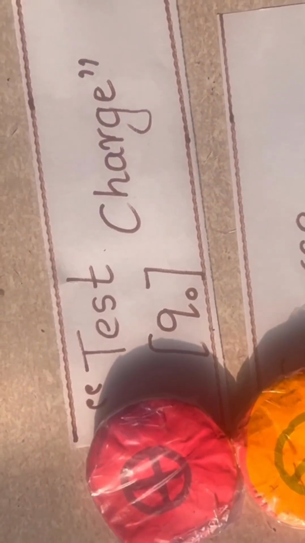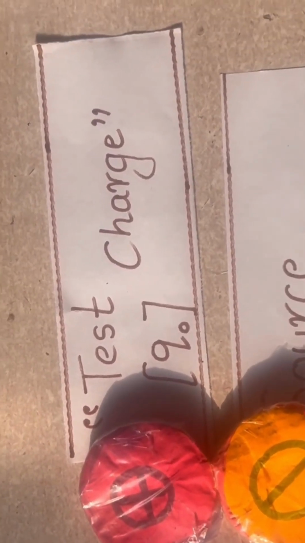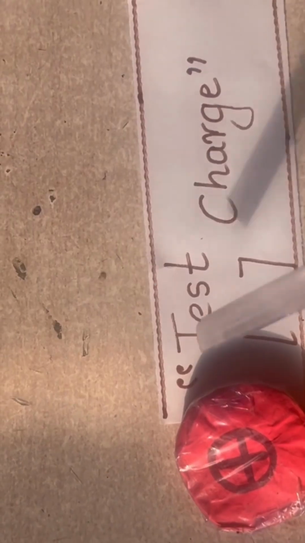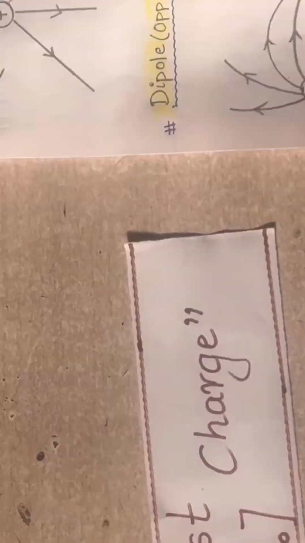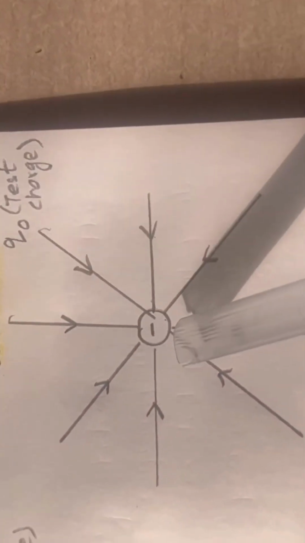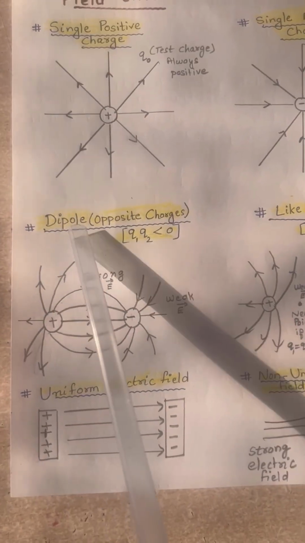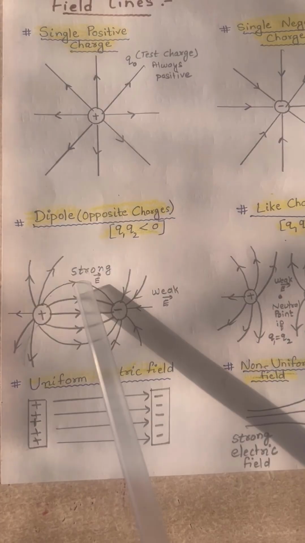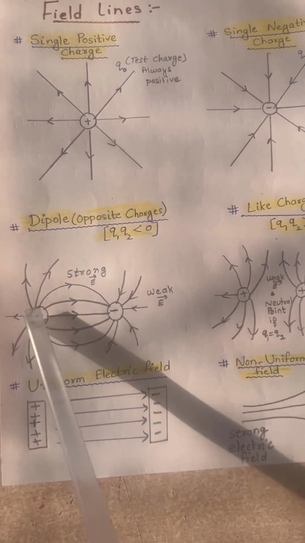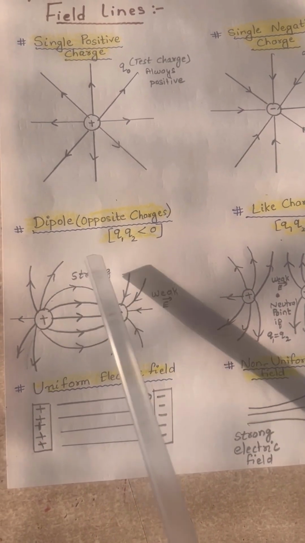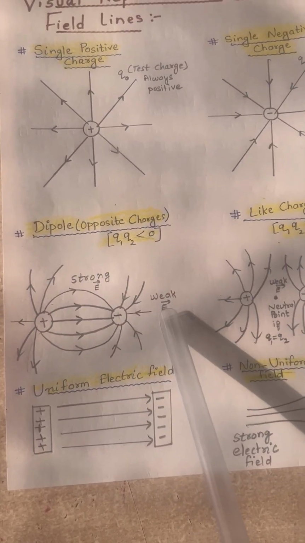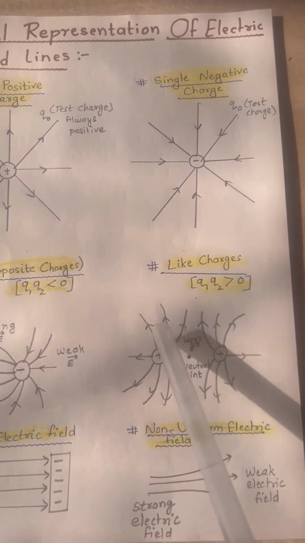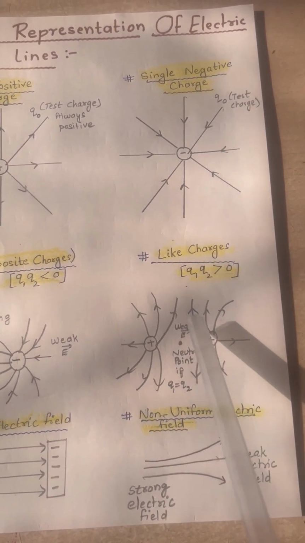Here again in the prototype model, when the negative source charge is moving towards q naught, which is positive, it attracts. So the field lines due to negative source charge will be inwards, which shows the direction of movement of q naught. Similarly, when a dipole is there, the field lines go from positive to negative, and between the charges the field will be stronger as compared to the outer area.